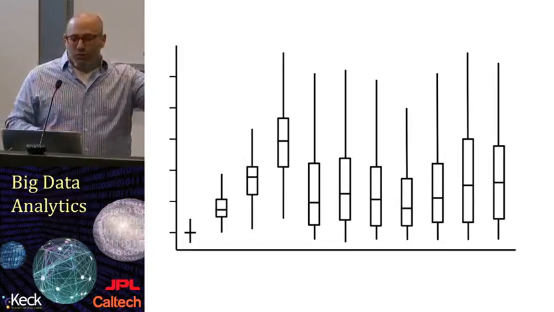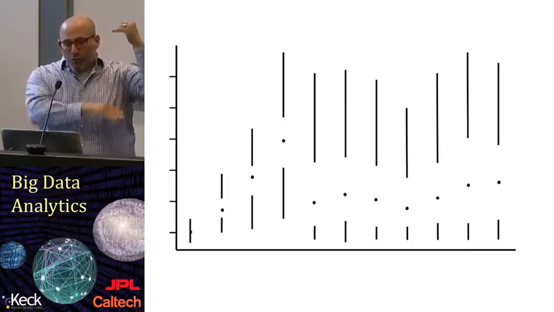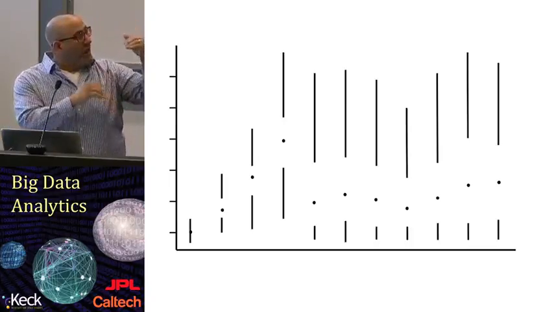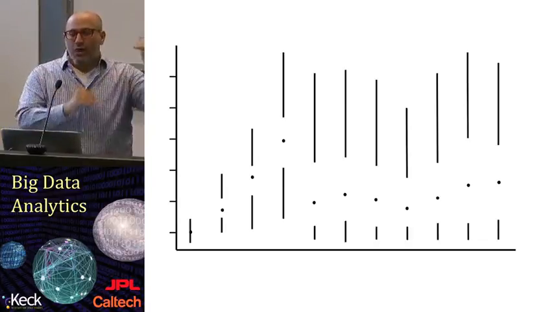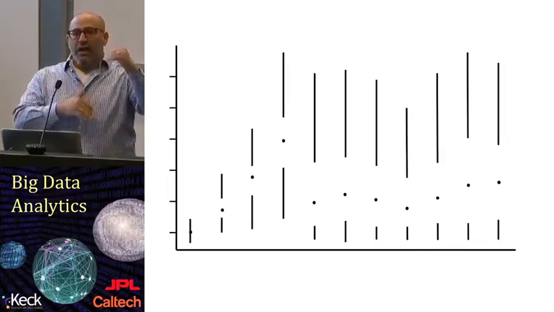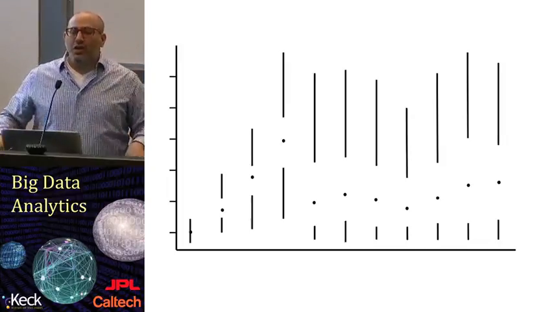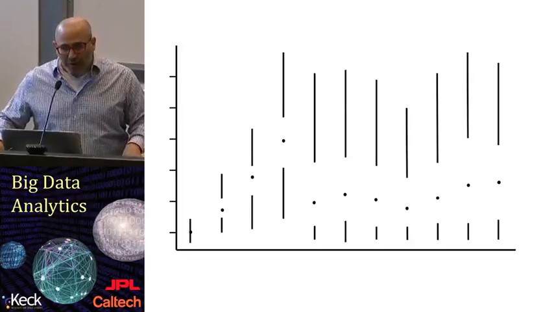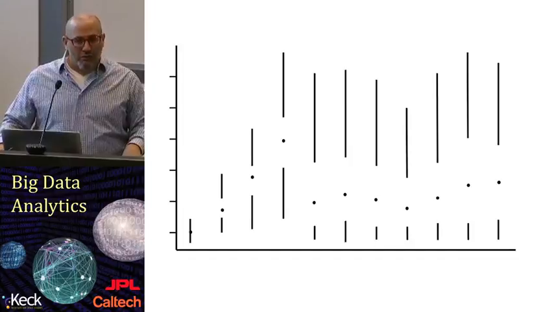So if we want to reduce this even further, we can actually remove the box entirely and replace the midpoint with a dot. Now you have a graph that has no less meaning and far less ink. In the way that Tufte describes data graphics, this is a high value for us to strive for.